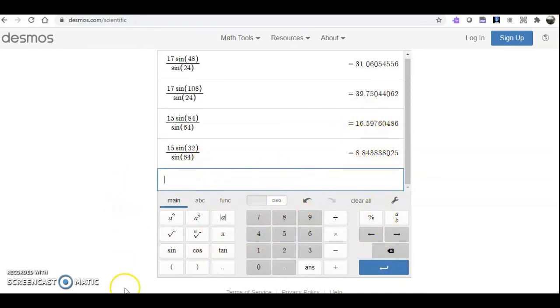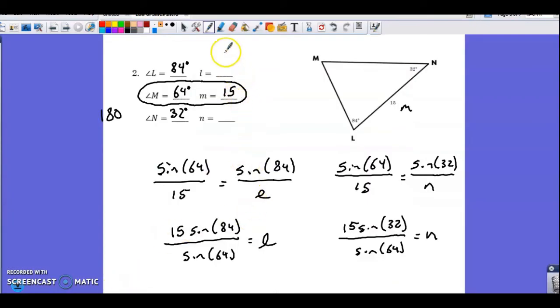So there's your decimals. The bigger one was 16.60 when we rounded to 2 decimal places, and 8.84. And again, biggest goes with biggest, smallest with smallest. That checks out. That triangle is solved.